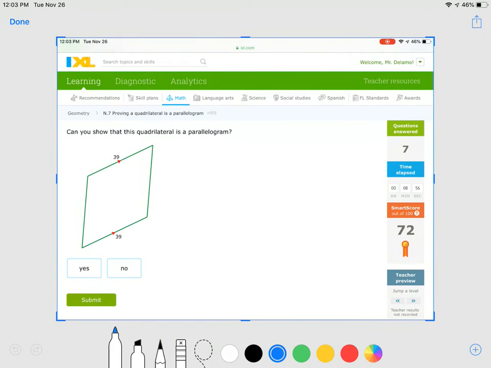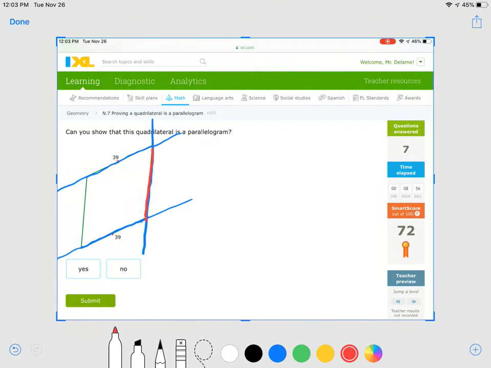So we know this is parallel and congruent. This is a transversal. All we would need left is to show that this side here is parallel to this side.